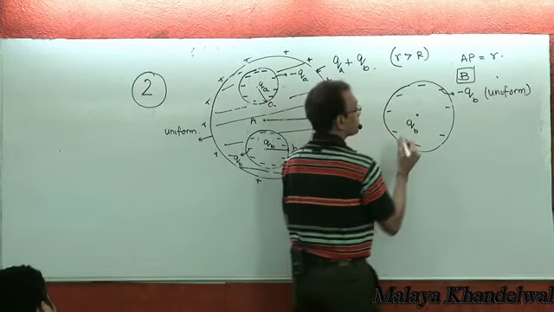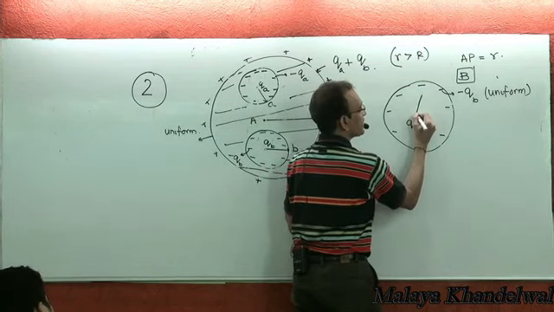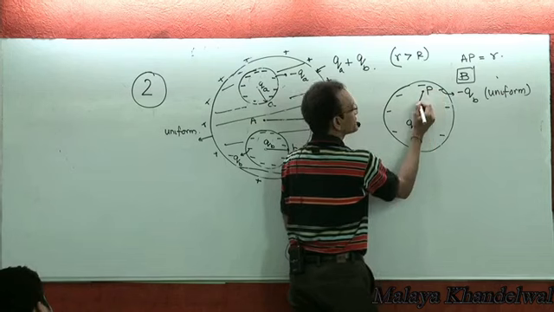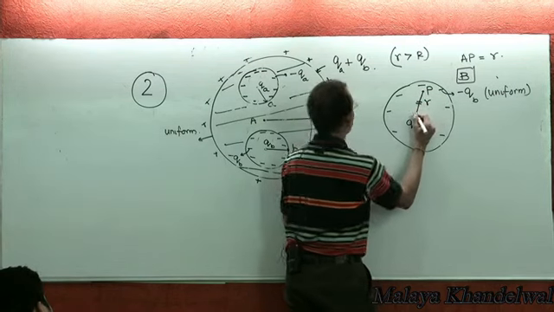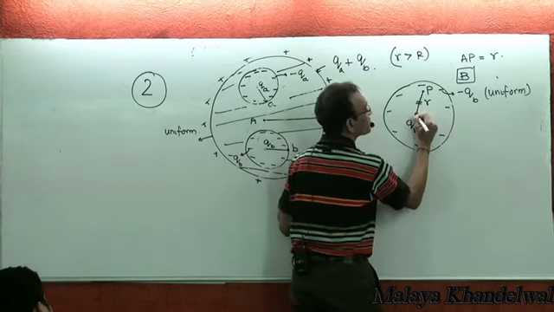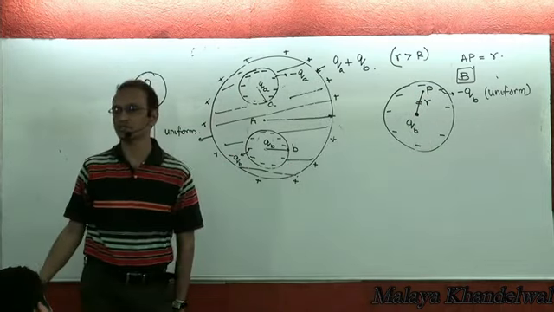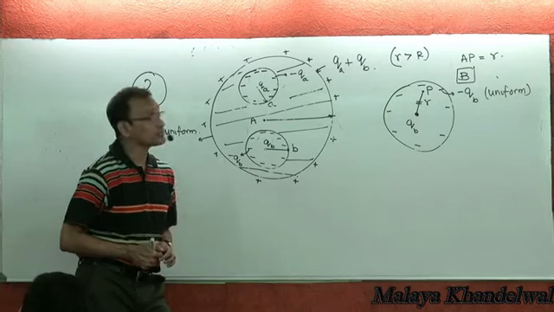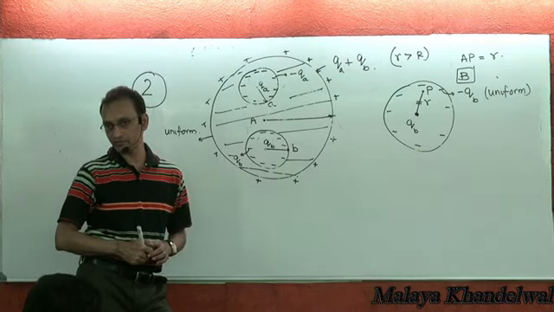And there is a point P that I select inside this cavity at a distance small r from the center of this cavity. I want to be able to compute the potential at this point, the electric field at this point, right?